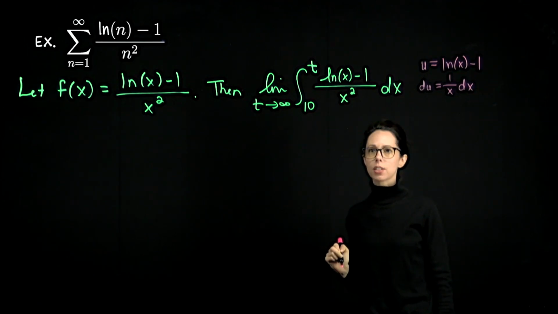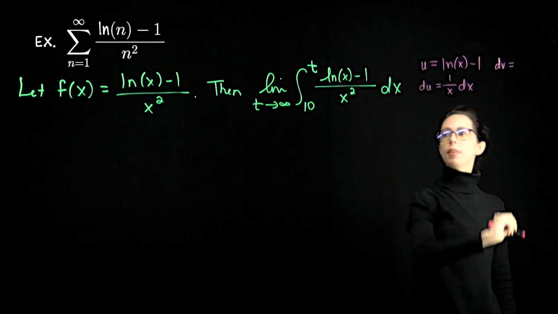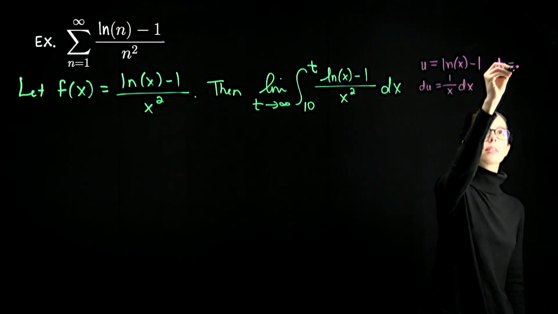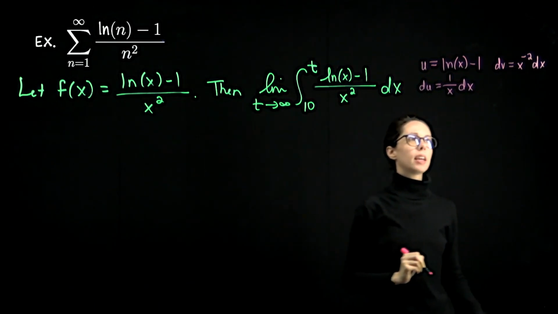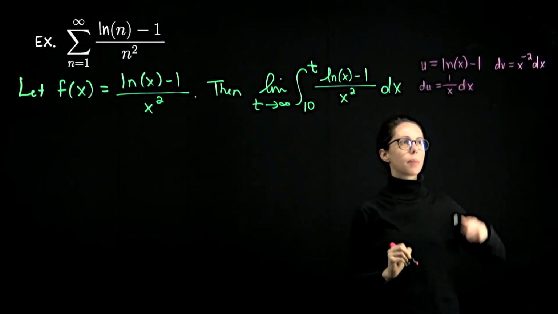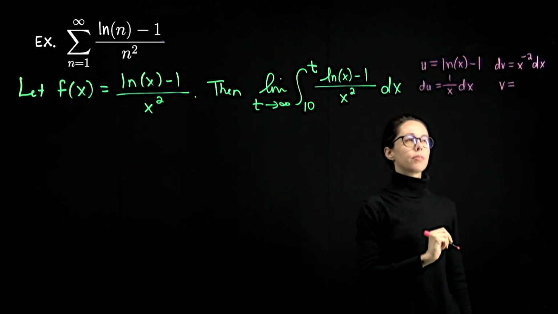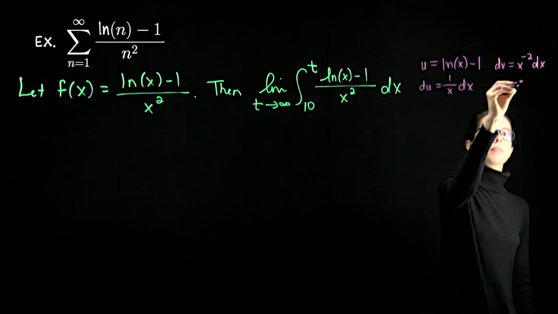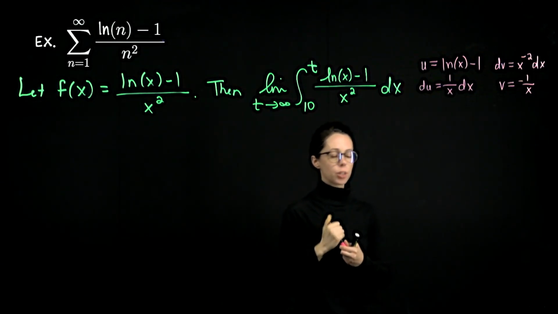I will write that as x to the negative 2. Just helps me do the power rule. So dv is x to the negative 2 dx. So that v is x to the negative 1 times negative 1. So v is negative 1 over x. Okay, so that's going to be our integration by parts approach.